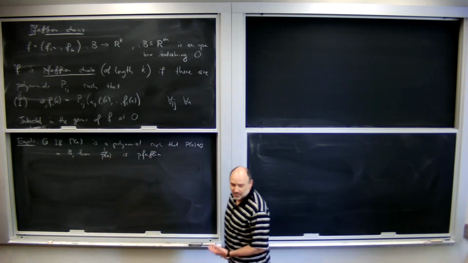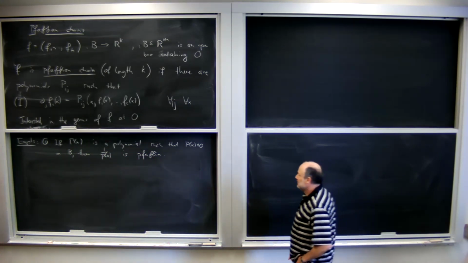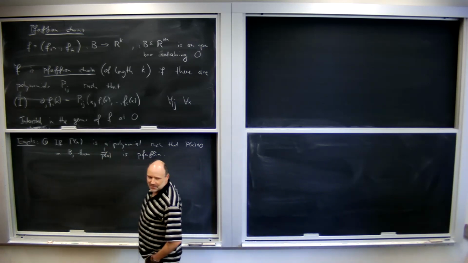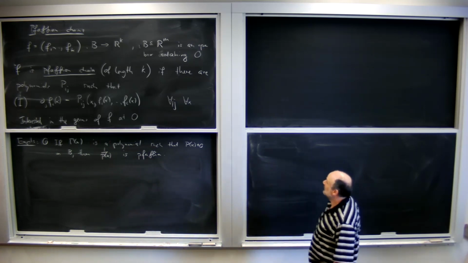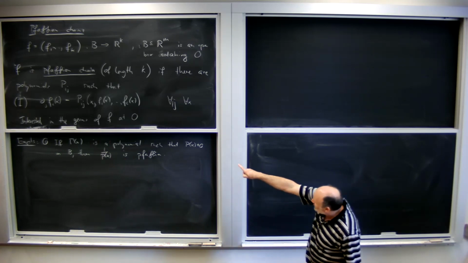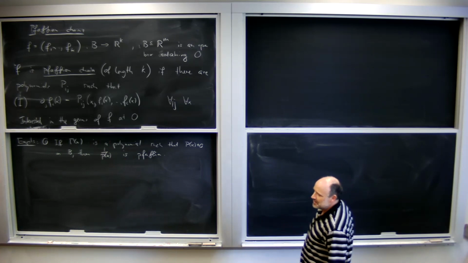Meaning it is just a Pfaffian chain of length 1. Okay. And that's obvious because the derivative of this, using the chain rule, any partial derivative is equal to minus the derivative of p times 1 over p squared.